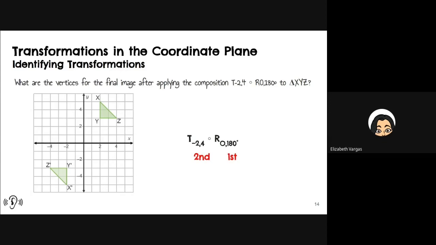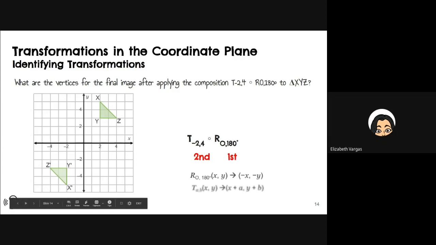So again, we read from the rightmost to the leftmost. We complete the first type of mapping rule, so we take these original coordinates in the pre-image and do this mapping rule, which tells us to just negate the x and the y coordinates. And then after we've done that, we take these negated x and y coordinates and complete the translation rule, which tells us what to add or subtract.